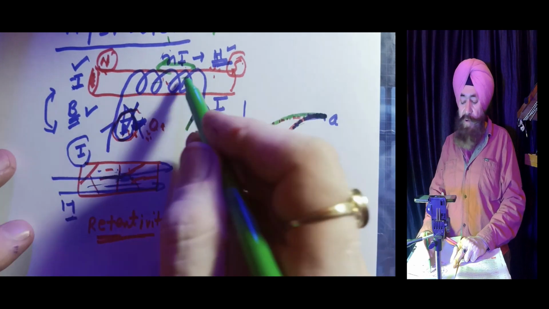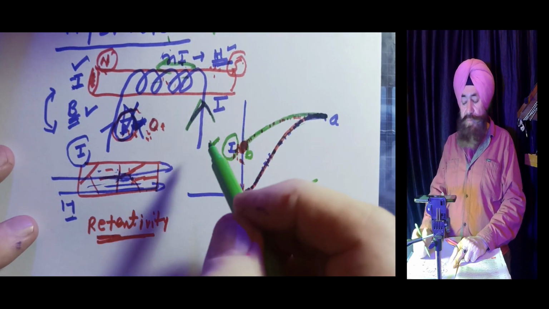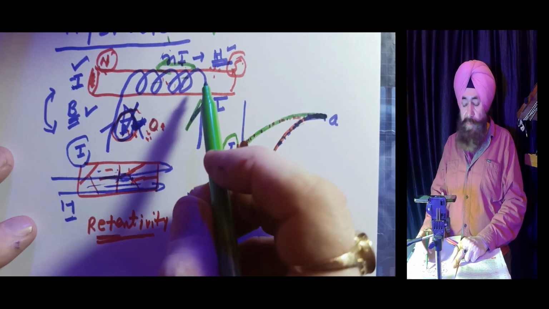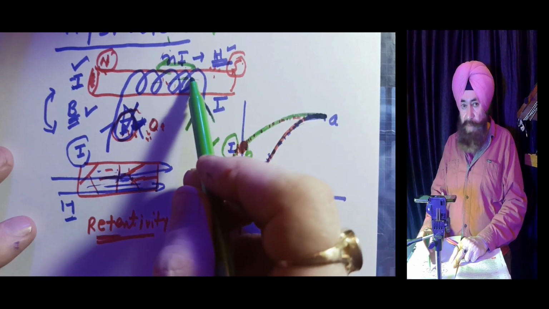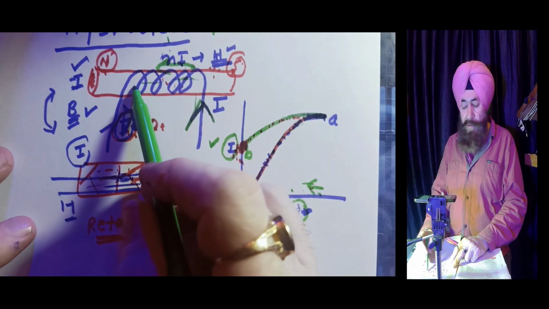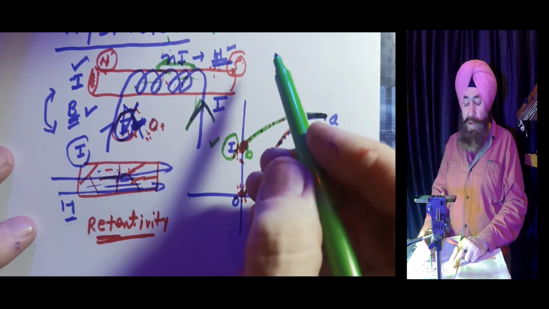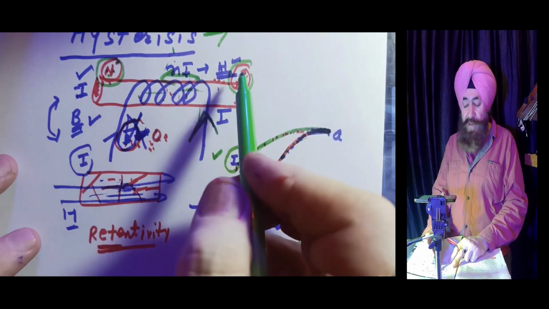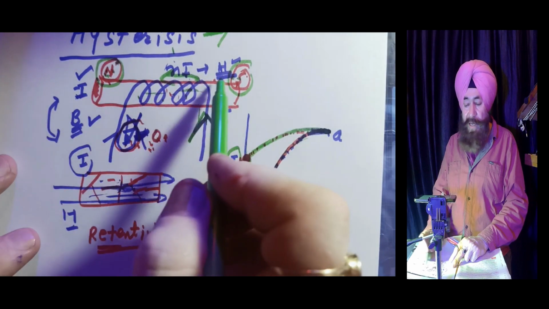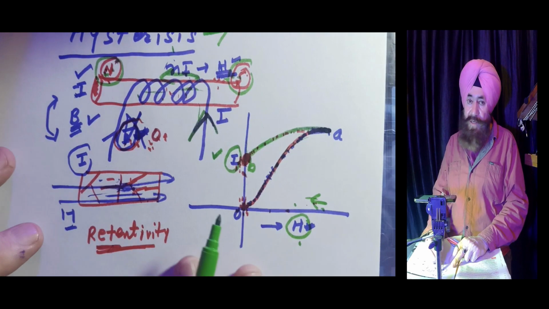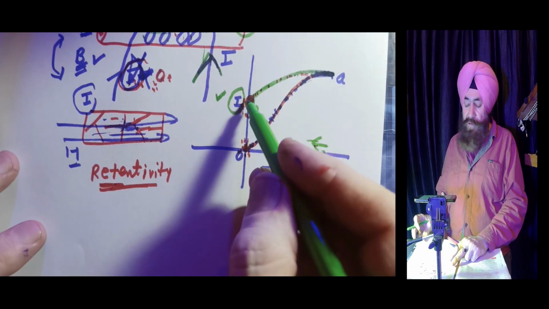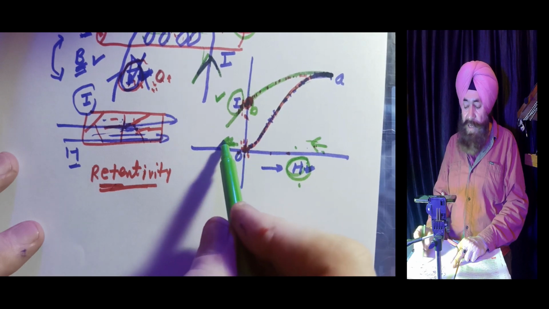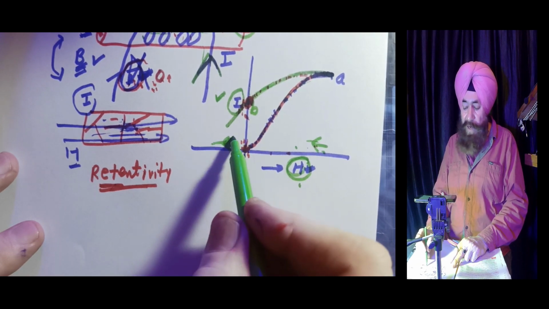Current is flowing along this direction now. If you make the current pass in the opposite direction, what happens? This residual magnetization starts decreasing.